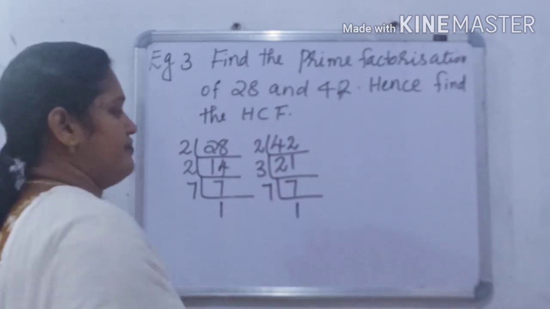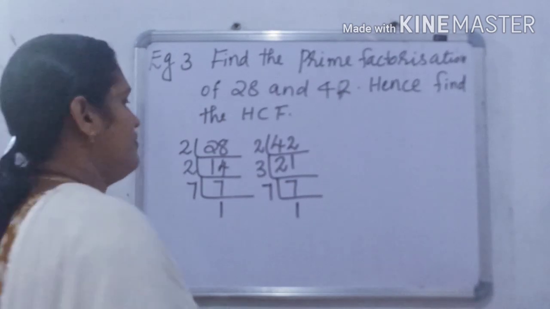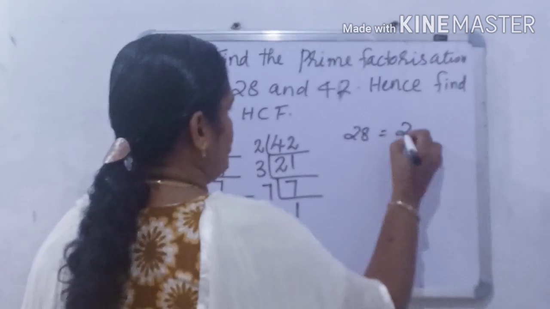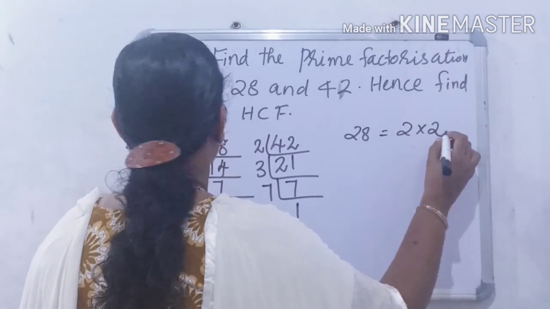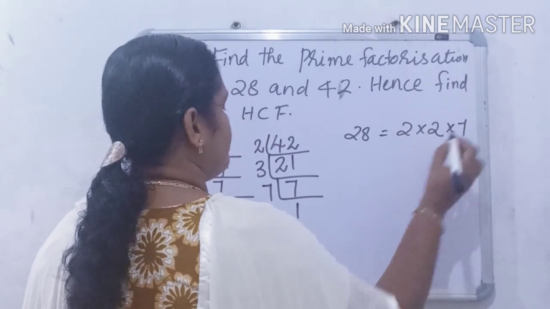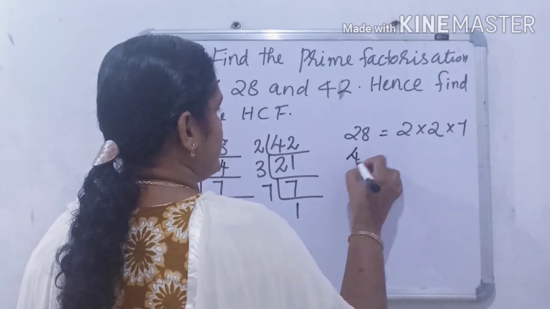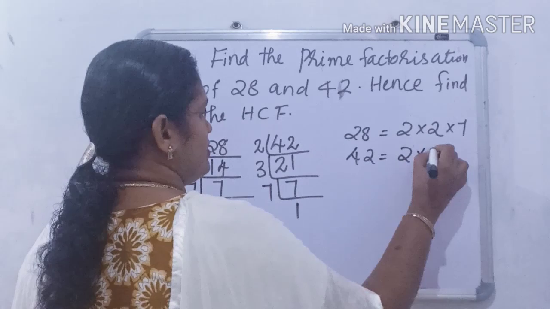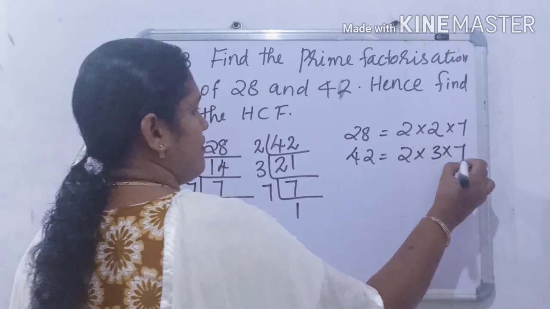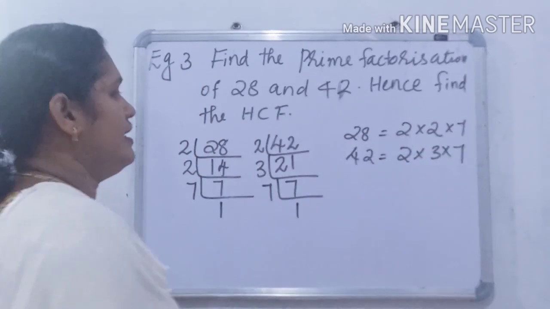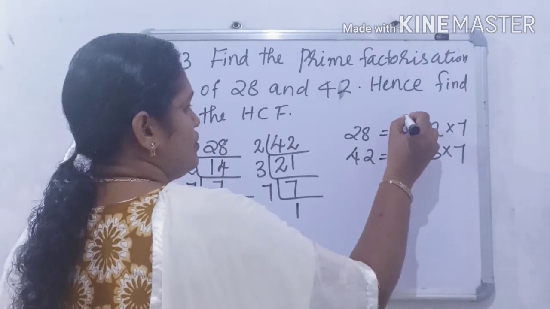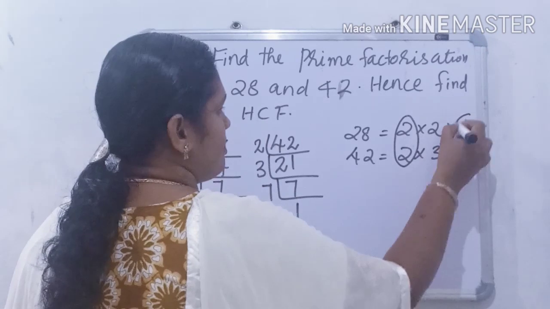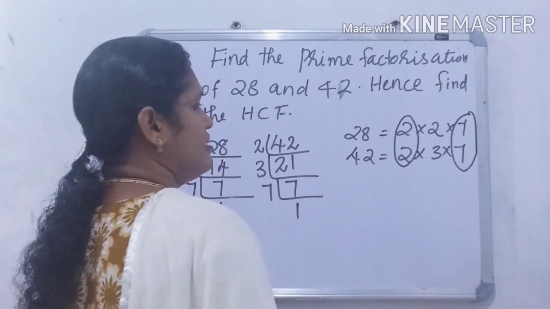1 time. Okay? We can write here 28 equals 2 into 2 into 7, and 42 equals 2 into 3 into 7. Okay? Here 2 is a common factor and 7 is also a common factor.